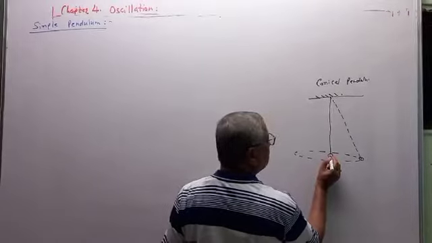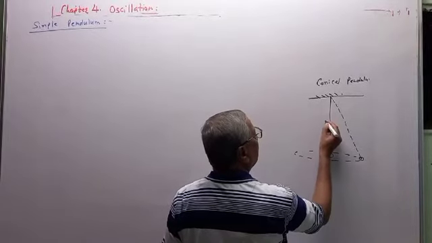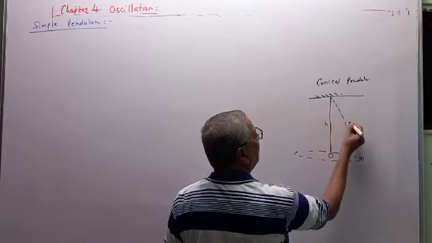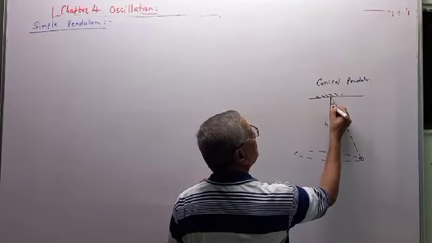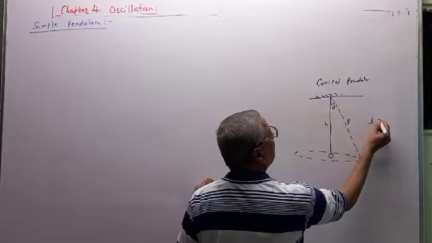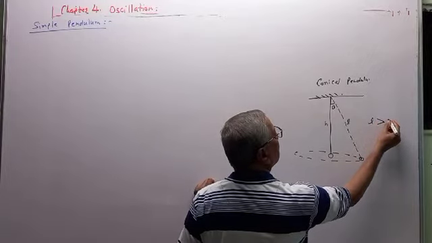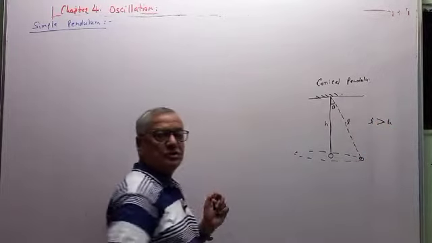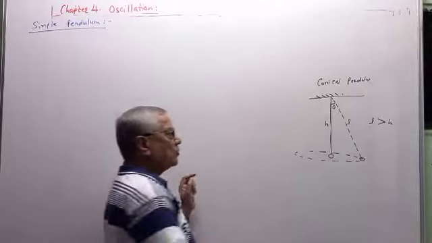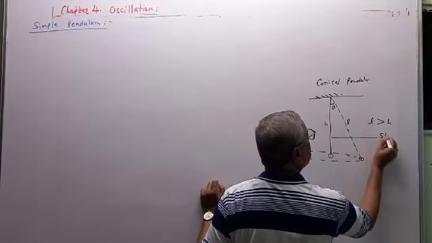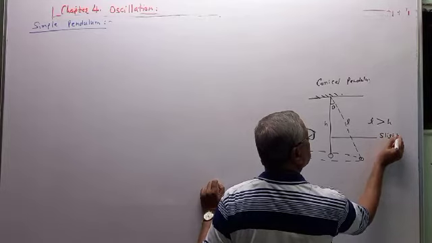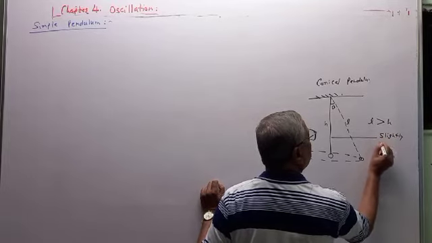In this initial position, the length of the string is h, and the length of the string in the deflected position is L. So L is slightly greater than h. Therefore, the string used is slightly extensible.